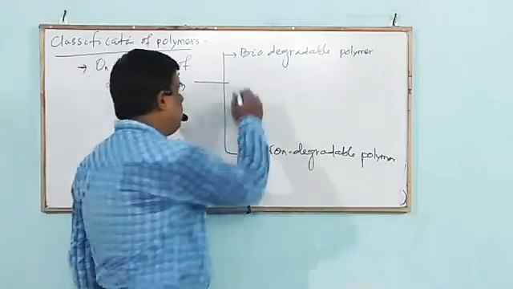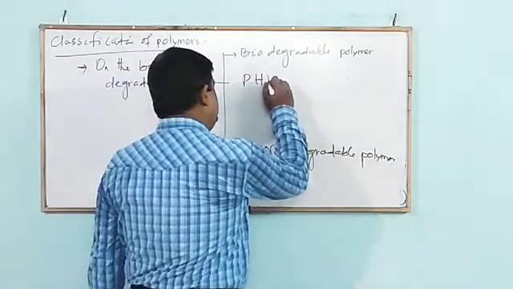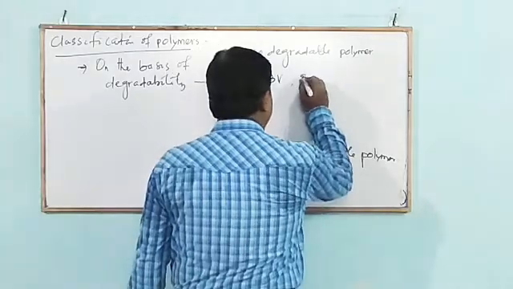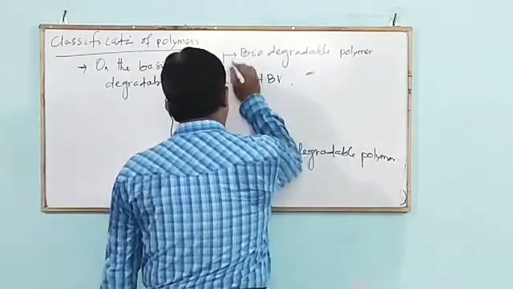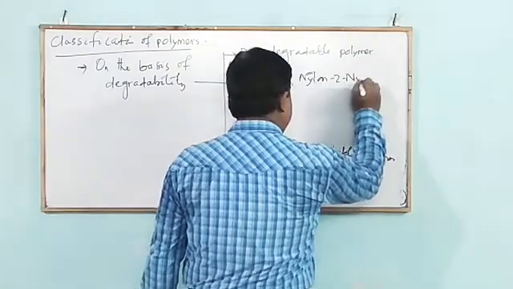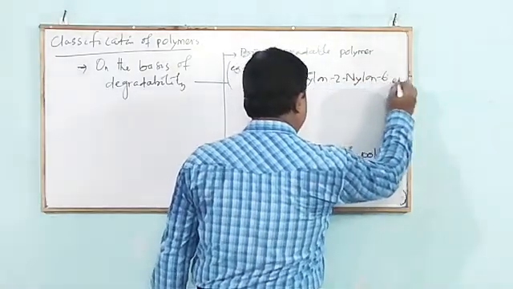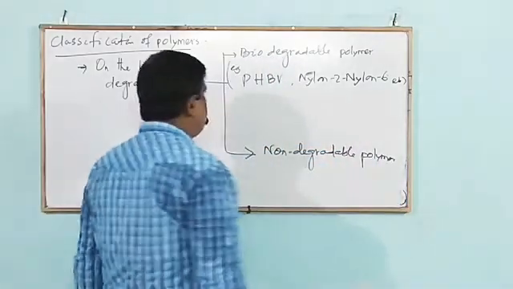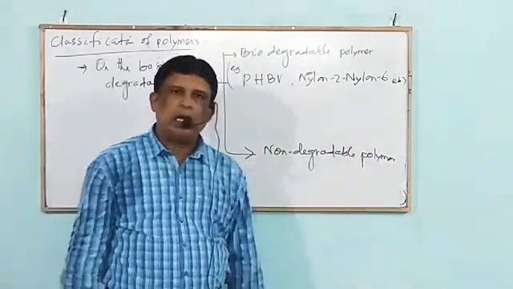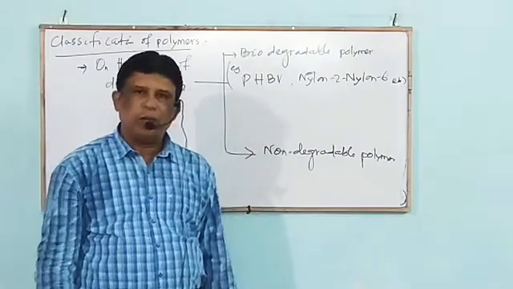For example, PHBV, nylon 2, nylon 6, etc. These are examples of biodegradable polymers, decomposed biologically, not creating any environmental pollution.